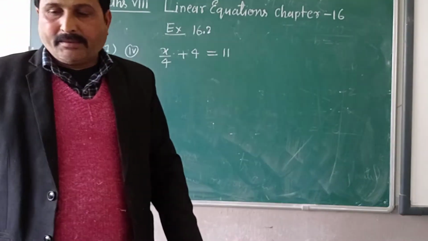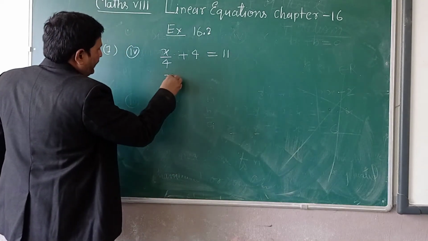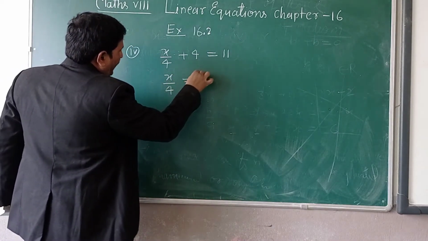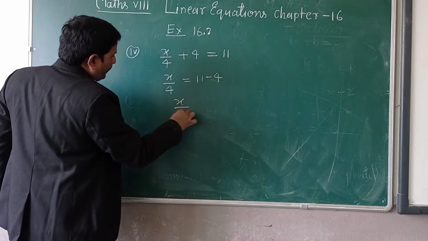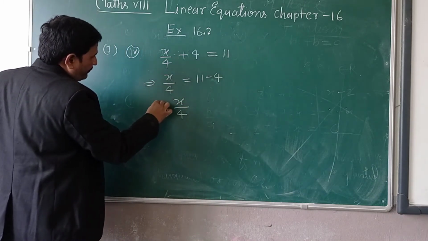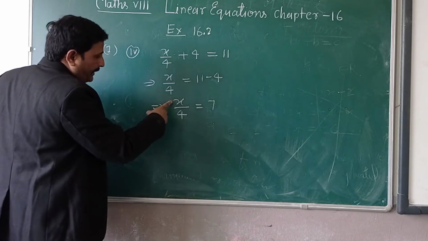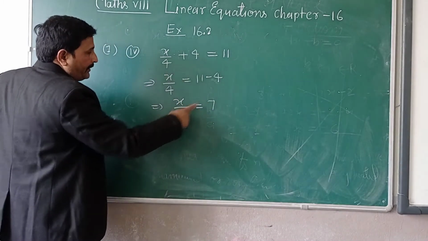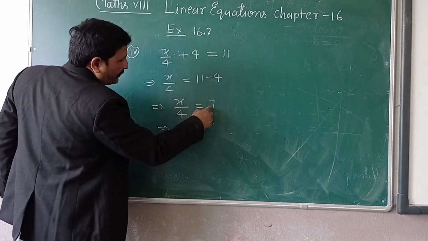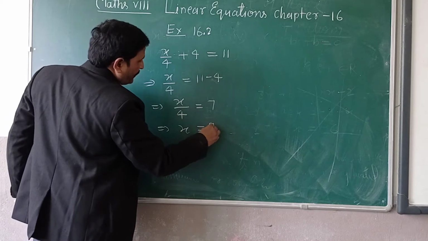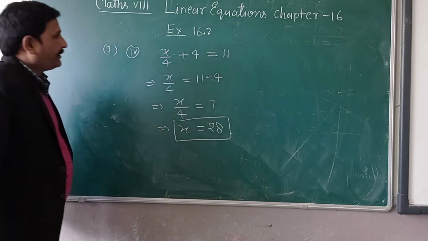That is the question. See, this plus 4 on that side will be minus. x by 4 is equal to 11 minus 4, which is 7. Now see that this term is divided by 4, so this side is multiplied by 4. x is equal to 7 into 4, 28. This is your answer.